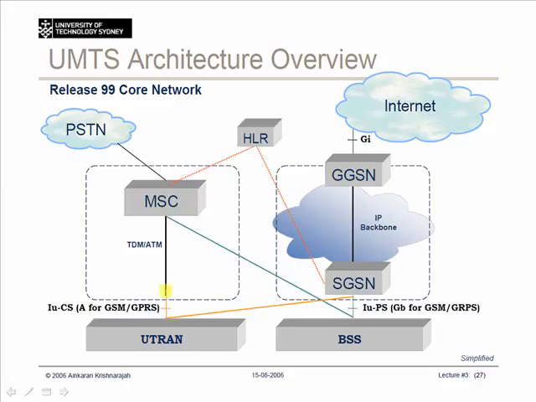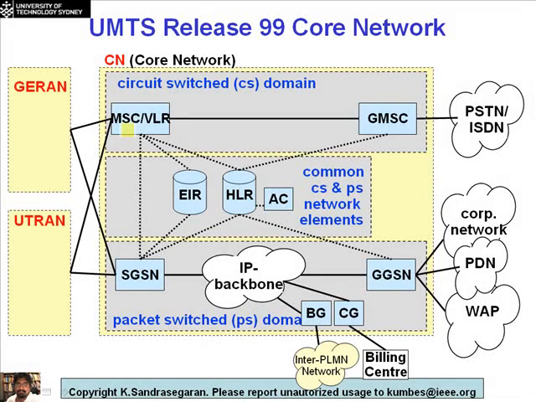In the circuit switch part, information travels on the IuCS interface towards the MSC, and the MSC sends it on to the PSTN network. That's a very simplified diagram. This one is a more relevant diagram.